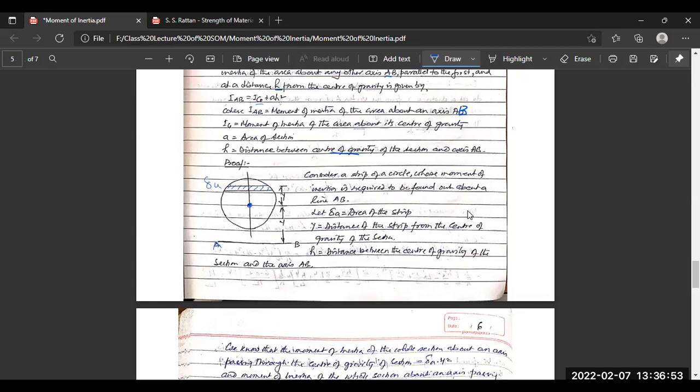Y is the distance of the strip from the center of gravity of the section, and h is the distance of the CG of the section from the axis AB. This is Y, and this is actually H.